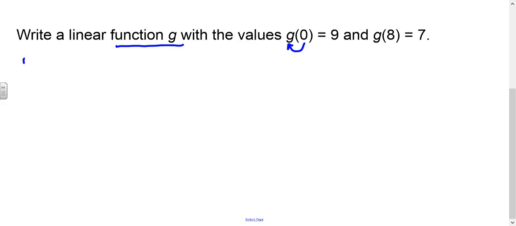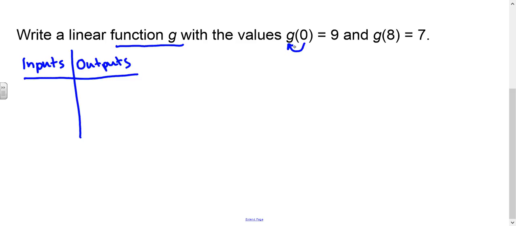So if I make a list of my inputs versus my outputs for my function, when I input 0 into g, what do I get? Well, I get 9. And then when I put 8 into my function g as my input, what do I get as my output?